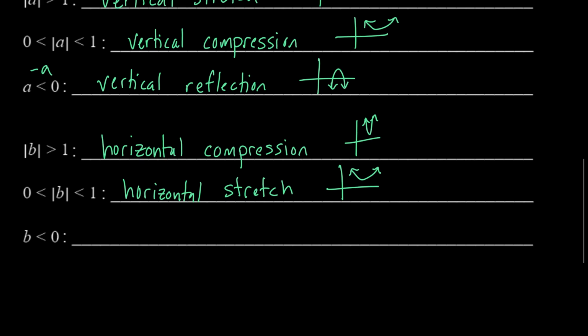What if B is less than 0? What do you think that means? If B is negative, it still reflects it. Well, no. It's a horizontal reflection. The reason, so listen.